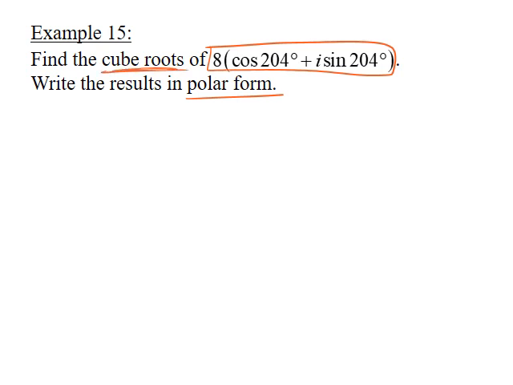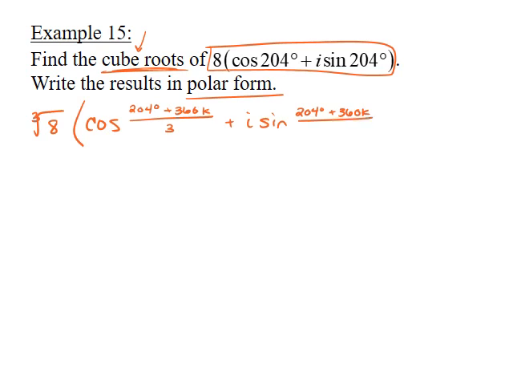If I want to find the cube roots, I will take the cube root of 8 times cosine of theta, which is 204 degrees, plus 360 times k, divided by n, which is 3, plus i sine of the same thing, 204 degrees plus 360k all over 3.